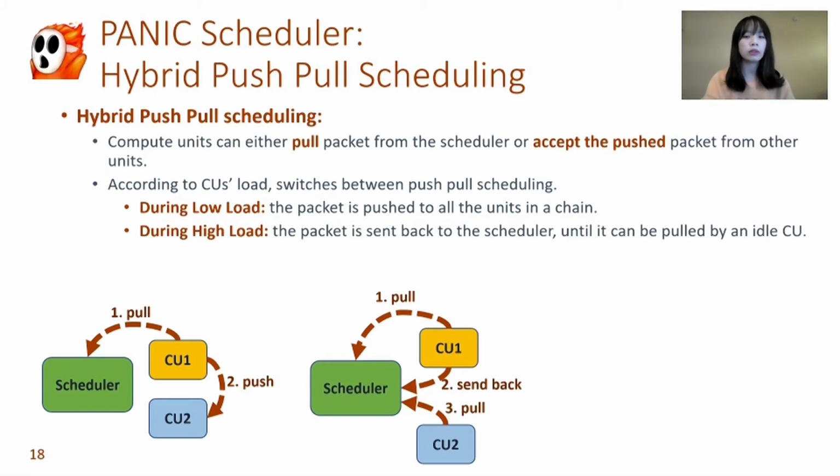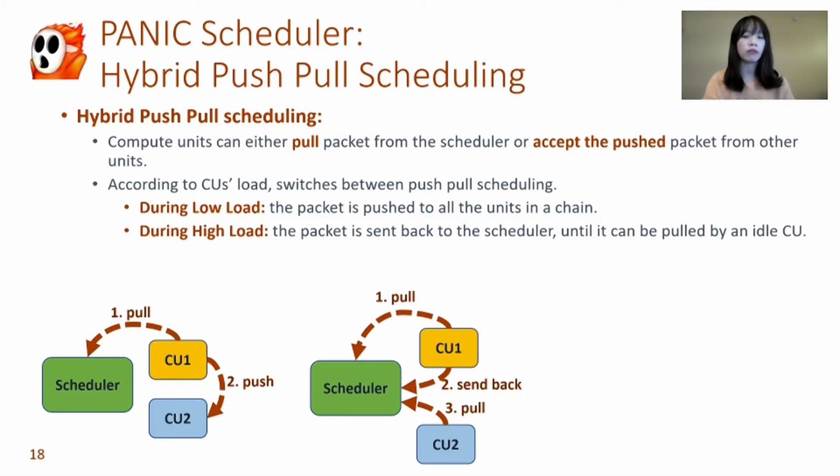If some service in the chain is under high load, for example, in this example, compute unit 2 is in a high load period, the scheduler will change the source route in the descriptor and have the packet sent back to the scheduler instead of the congested service. The packet will wait to be pulled by another compute unit corresponding to the congested service.